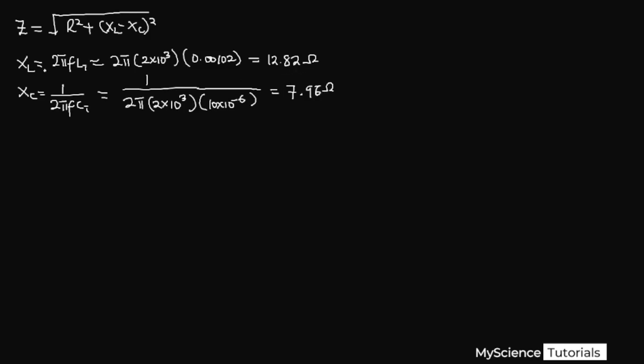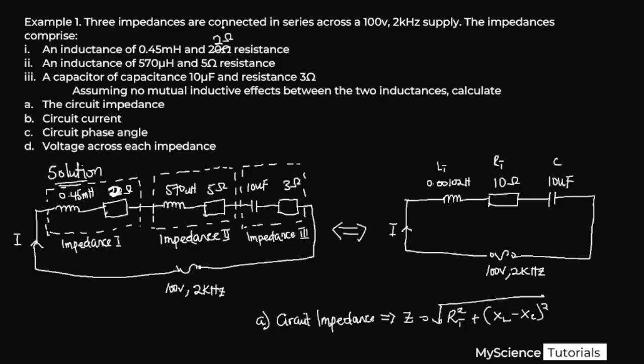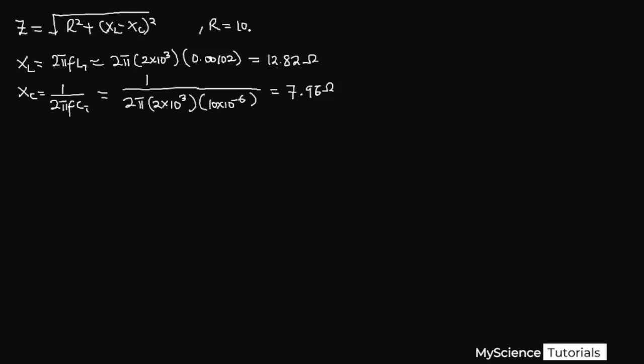So now that we found the inductive reactance and the capacitive reactance, knowing that our total resistance is 10 ohms, we can find our impedance. Our impedance Z is equal to the root of 10 squared plus, in brackets, 12.82 minus 7.96 squared.